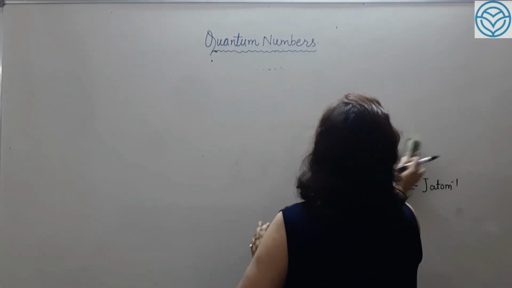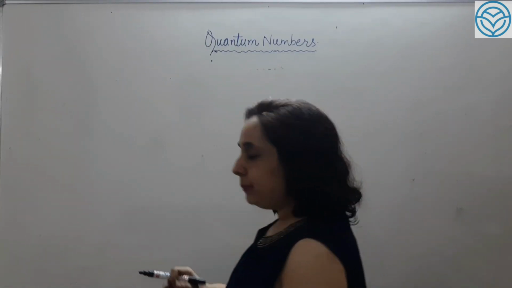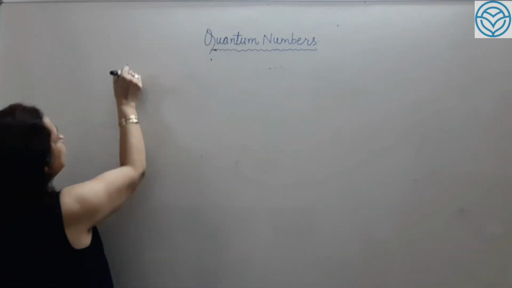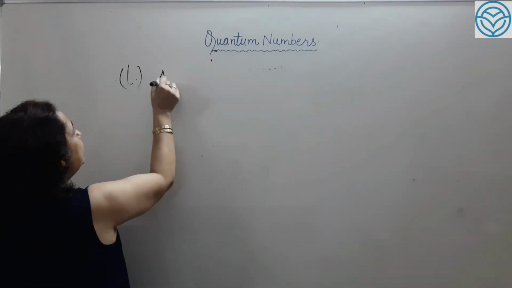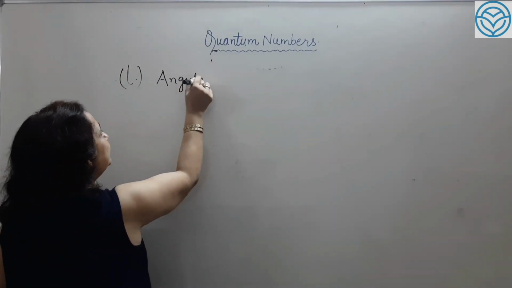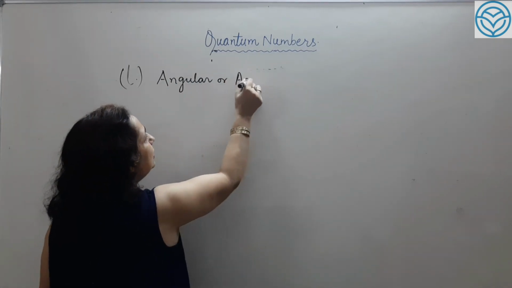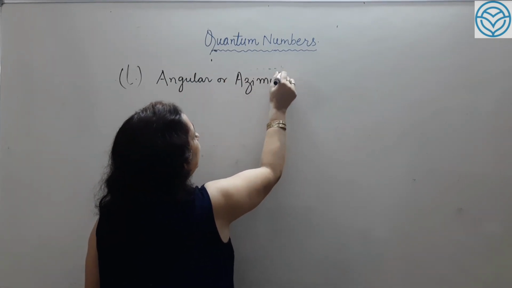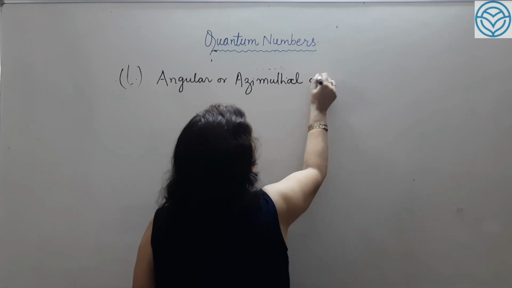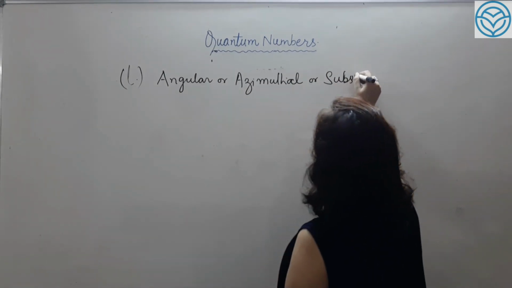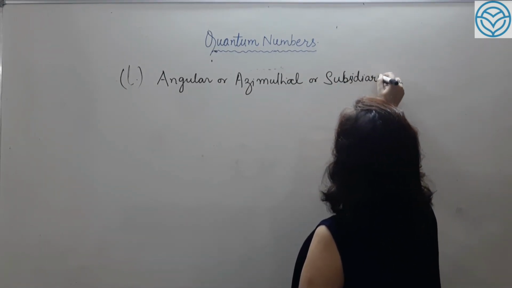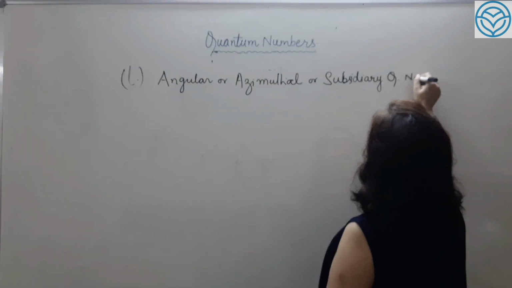Angular quantum number, that is L, also named the azimuthal or subsidiary quantum number.